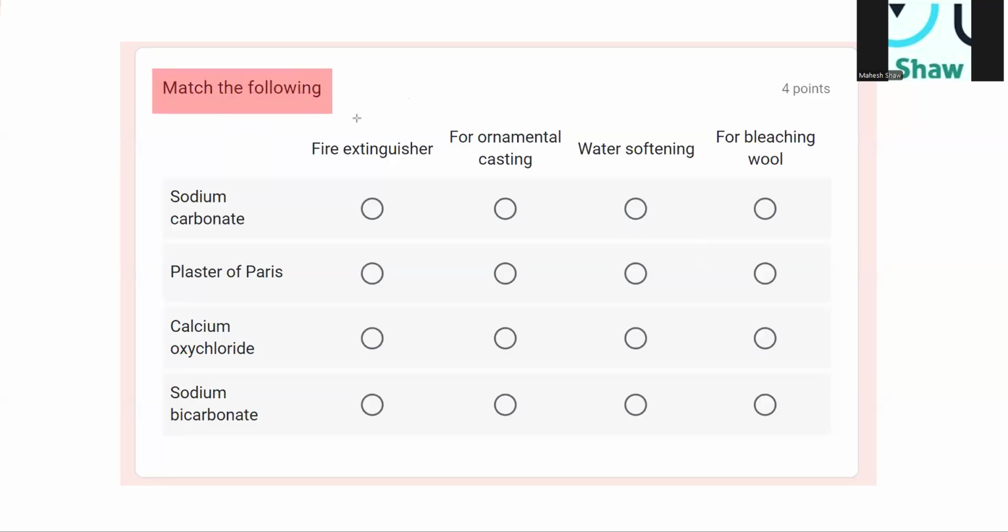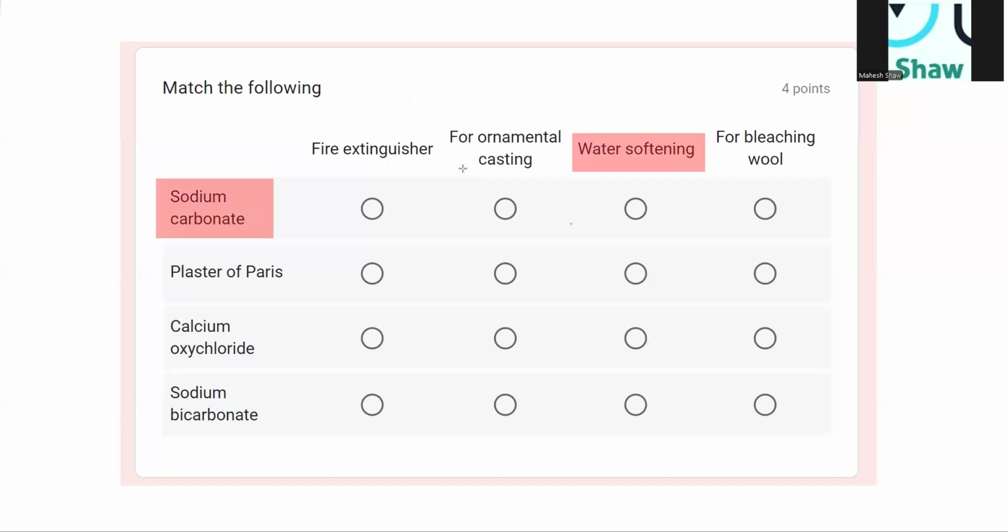In this question from match the following, we have to figure out sodium carbonate, plaster of Paris, calcium oxychloride, and sodium bicarbonate. We have just studied washing soda, that is sodium carbonate decahydrate, which is used for softening hard water.